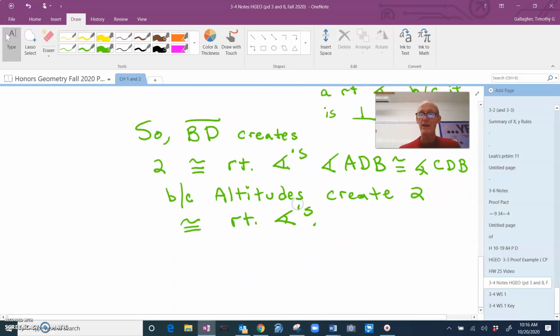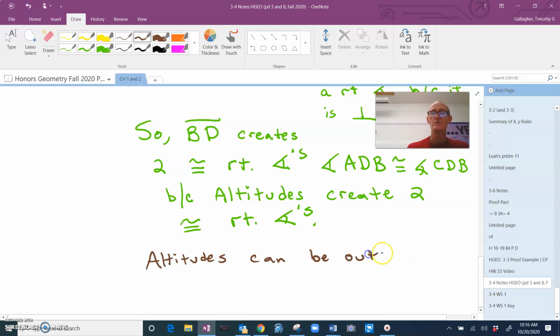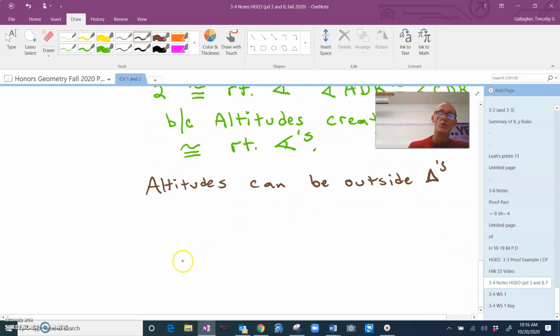Now, one fact about altitudes: altitudes can be outside triangles. So this gets a little bit tricky, but here's a triangle.